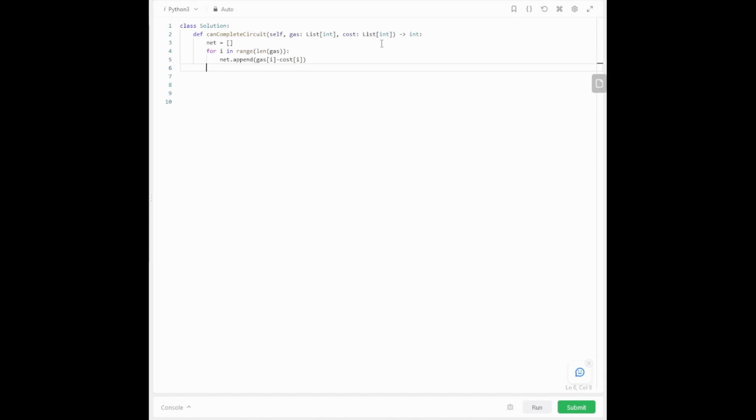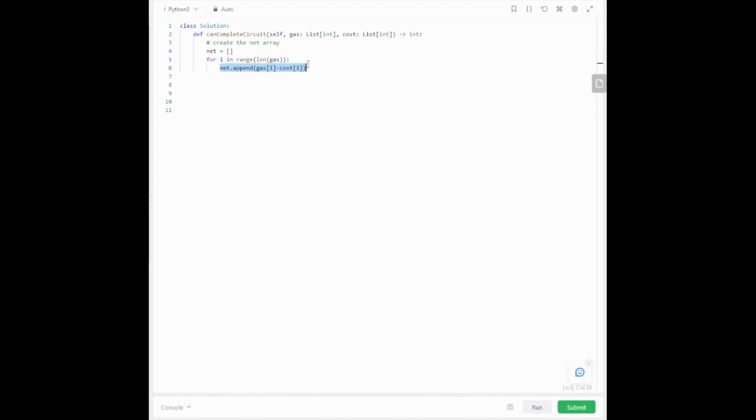So what am I doing here? First we create the net array. We set it to be a blank list, and then for every index i, which will run from 0 all the way up to the length of the gas array. So if there's 10 elements, it'll go from 0 through 9.